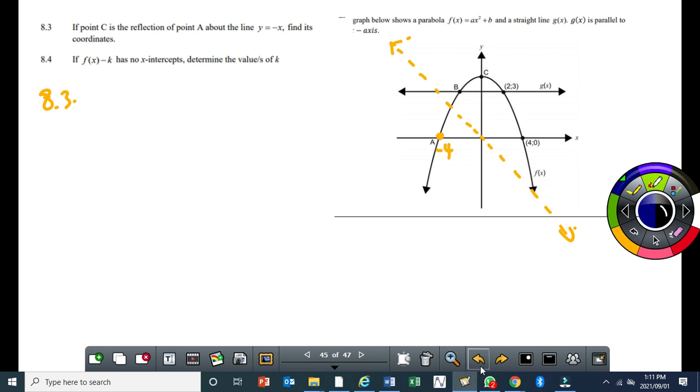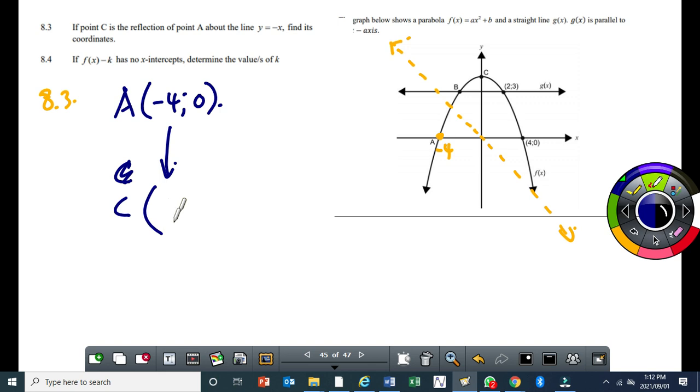Now remember the coordinates of A are x is minus 4 and y is 0. If we reflect that to point C, the new x value becomes 0, based on reflection about the line y equal to minus x.